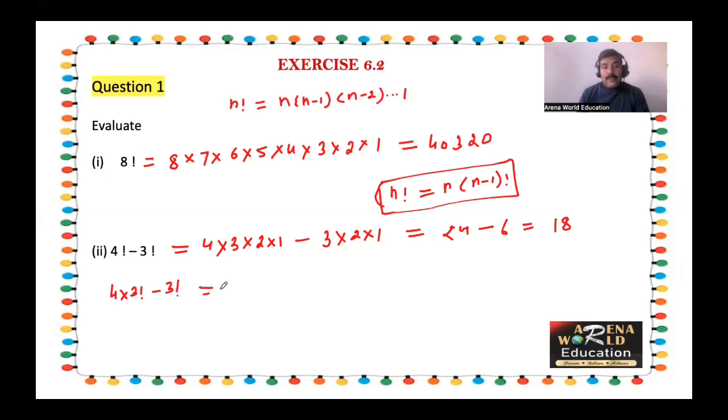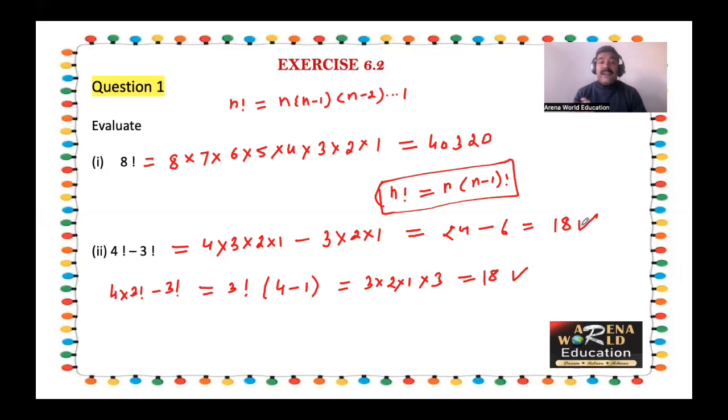Now 3 factorial is common, so we are left with 4 minus 1 times 3 factorial. 3 factorial is 3 into 2 into 1, and 4 minus 1 is 3. In this way, you will get the same answer.